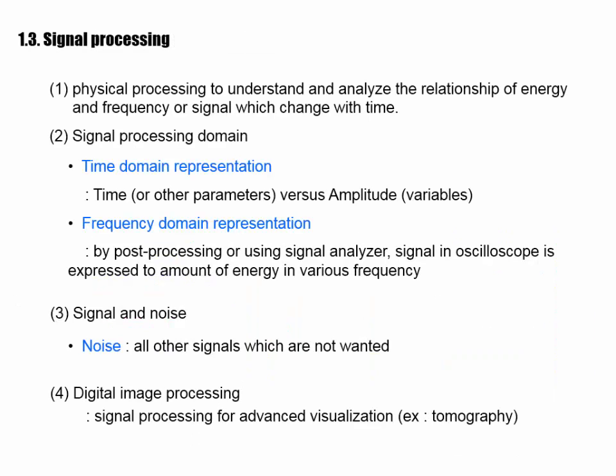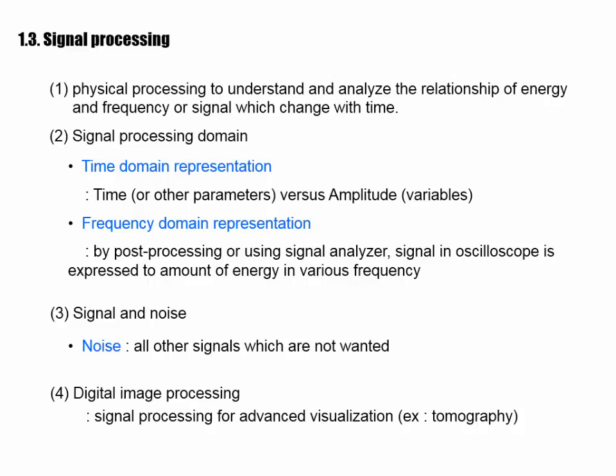Signal processing, I think, for like a month later? Yeah, in the 5th week and the 6th week, we'll talk about time domain signal analysis and frequency domain signal analysis.